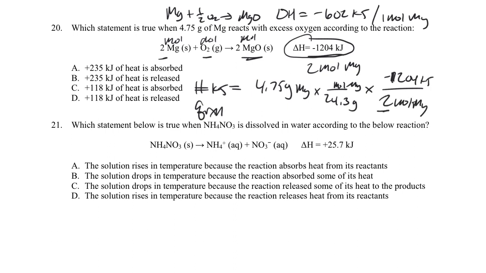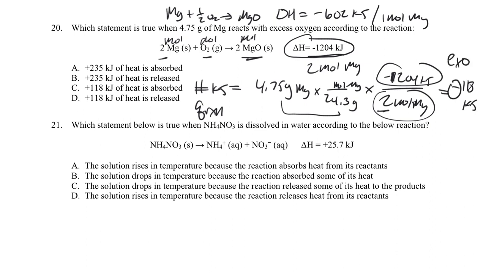This isn't going to work out right because it's 1204 kJ per 2 moles of magnesium reacting. If only 0.0437 moles react, that's 0.0437 divided by 2 times 1204. This works out to be negative 118 kJ. The reaction's exothermic, loses heat, so 118 kilojoules is released by this reaction. So exothermic reaction, heat is released.